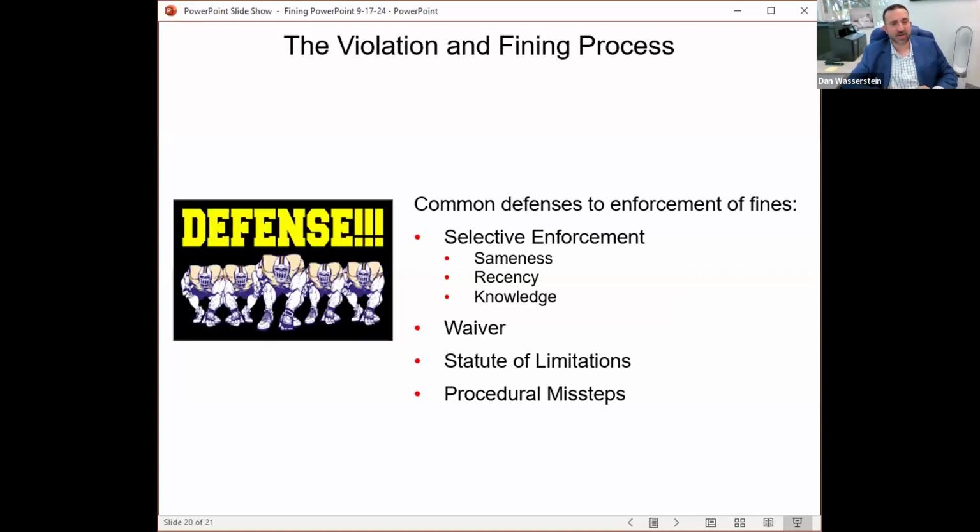The last element here is knowledge. So sometimes we have people say, well, you cited me for building a bigger patio than the documents allow, but my neighbor did the same thing. And sometimes the association is not aware of that. So in that instance, obviously for uniformity purposes, the association would want to pursue that other neighbor if they do indeed have a violation.